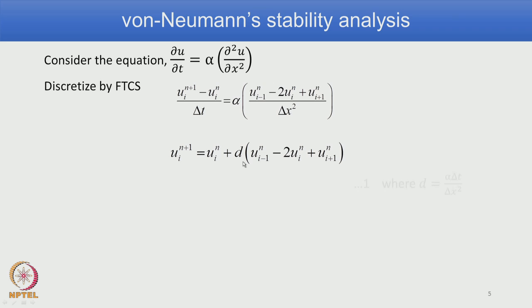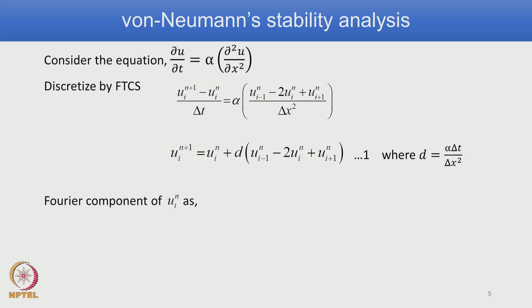So, what is d? d is α times Δt by Δx². The Δx² is there in the denominator for the central space, and Δt is coming from the left hand side because of the forward in time, and all are combined together to get the coefficient d, written as αΔt/Δx².